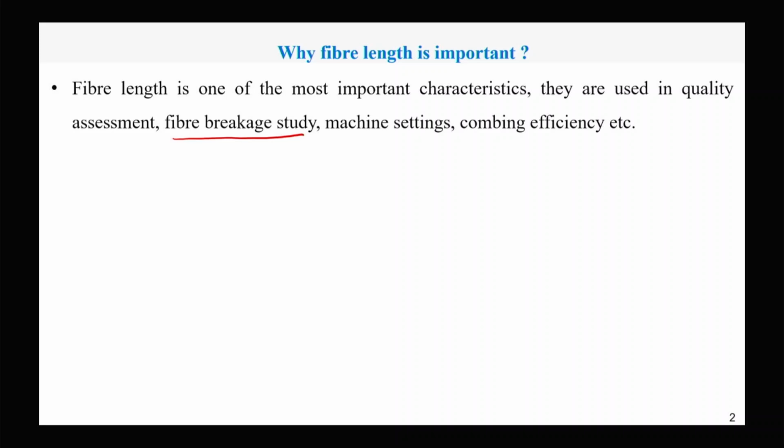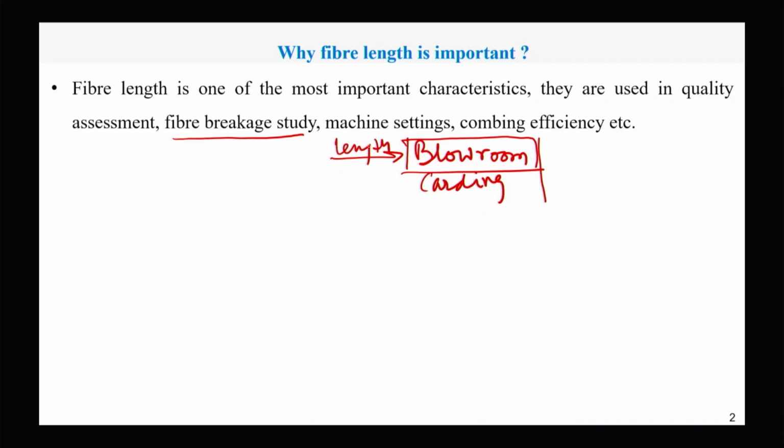Now coming to the fiber breakage study. In different spinning processes like blow room, carding particularly, in these processes fiber breakages take place. So to know the level of fiber breakages, we should test the fiber length before and after blow room.